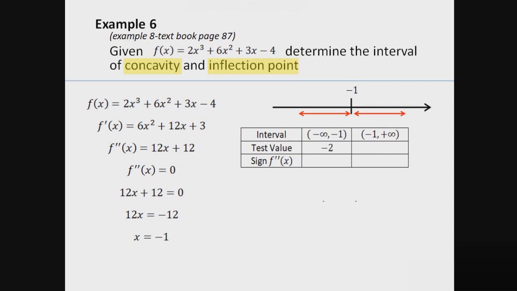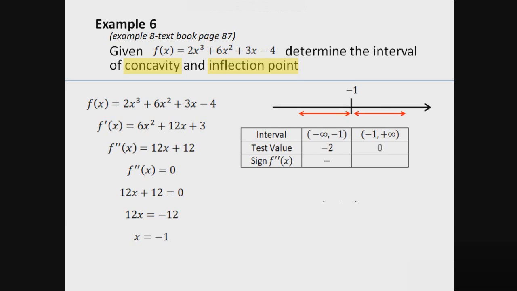Let's say -2 for the interval of -infinity up to -1. Substitute the value, we will get a negative value. So at this interval, we know that it is concave down as the sign of f''(x) is a negative value.